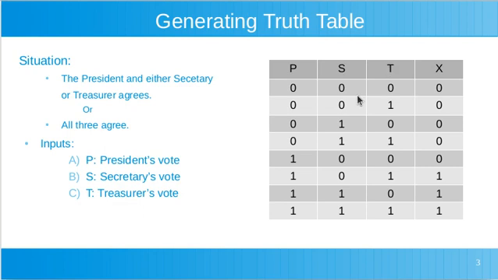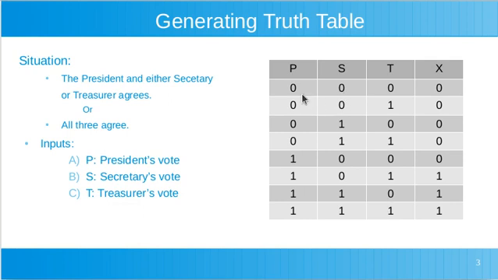So here we are making this truth table with all possible combinations of these three values. The number of possible combinations will be 2 to the power 3, that is 8. 1, 2, 3, 4, 5, 6, 7, 8. Column P: 0, 0, 0, 0, 1, 1, 1, 1. Column S: 0, 0, 1, 1, 0, 0, 1, 1. Column T: 0, 1, 0, 1, 0, 1, 0, 1.